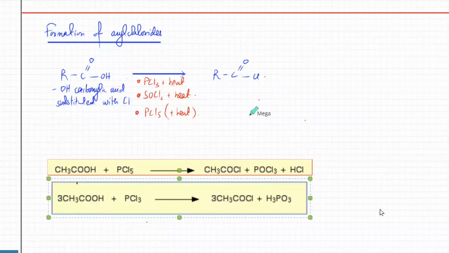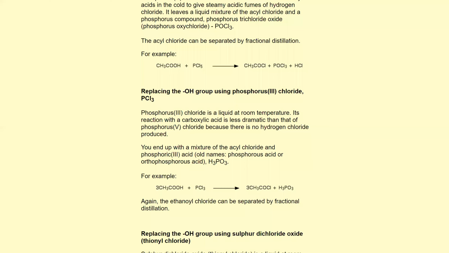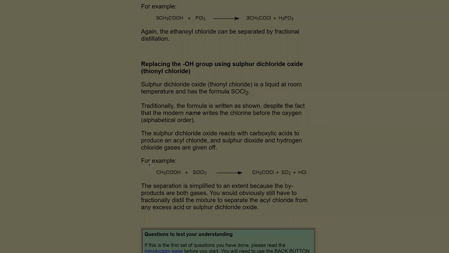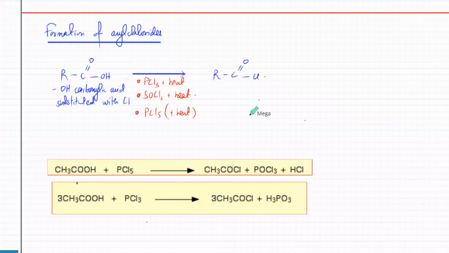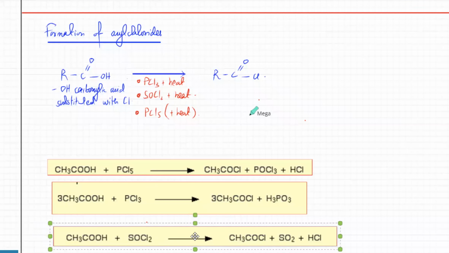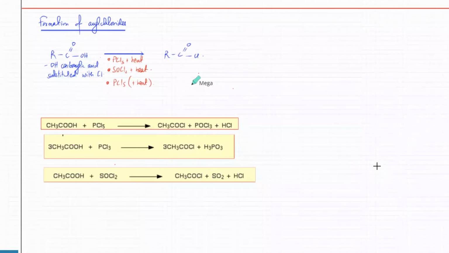They've asked once, but what you should remember is the conditions. That's something that's commonly asked. And there's one reaction with SOCl2 as well, this one. It ends up forming SO2 and HCl. So these are the three, and in all cases you're getting the same product, which is an acyl chloride. That's the formation of acyl chlorides.